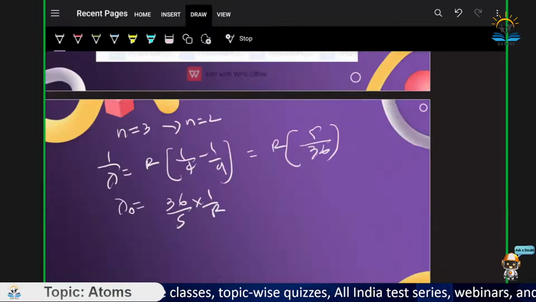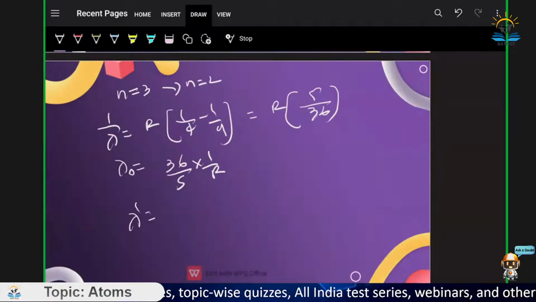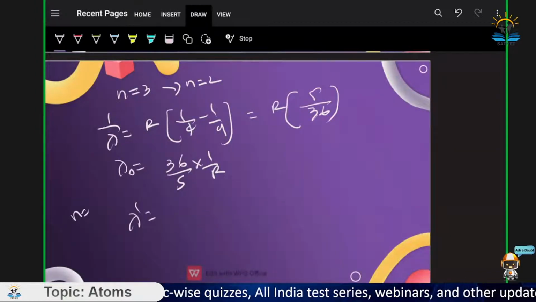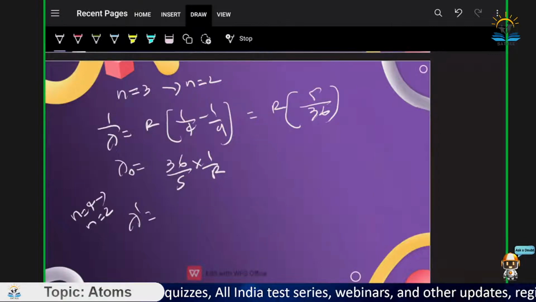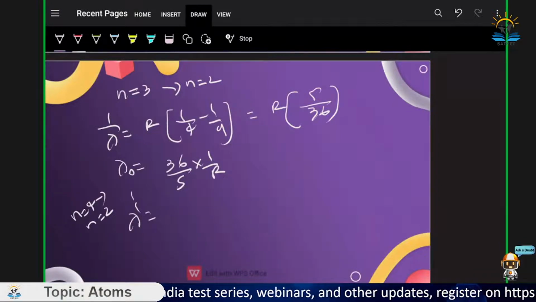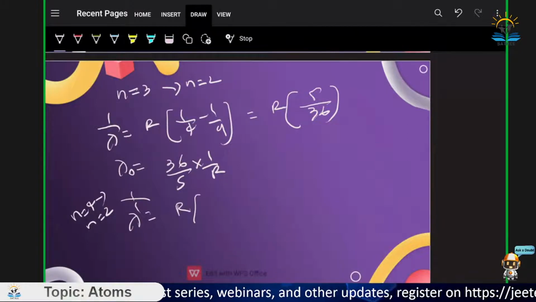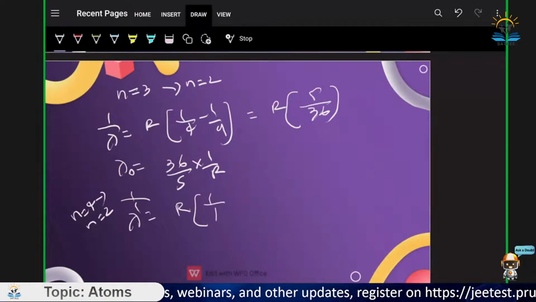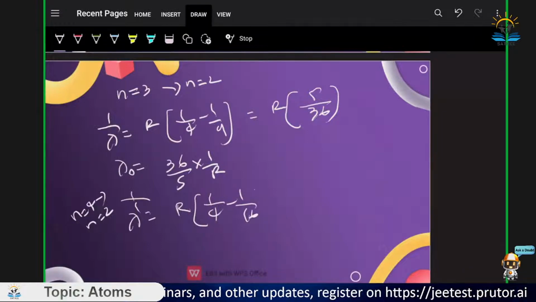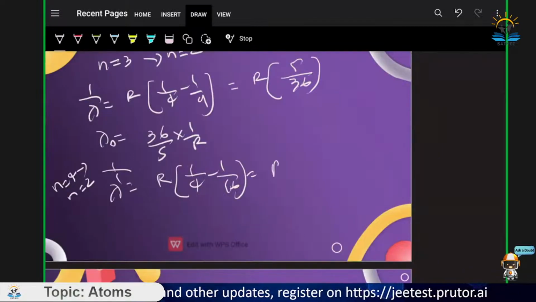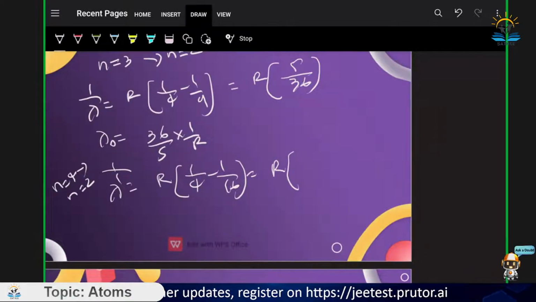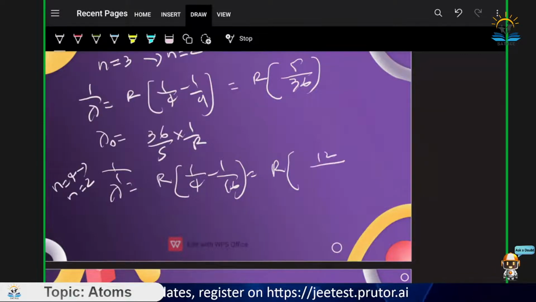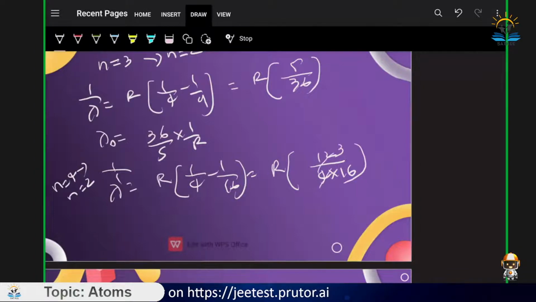So lambda dash is from n equal to 4 to n equal to 2. So 1 by lambda dash will be R into 1 by 4 minus 1 by 16. This will be R into 16 minus 4, 12 upon 4 into 16, which is 3 by 16.